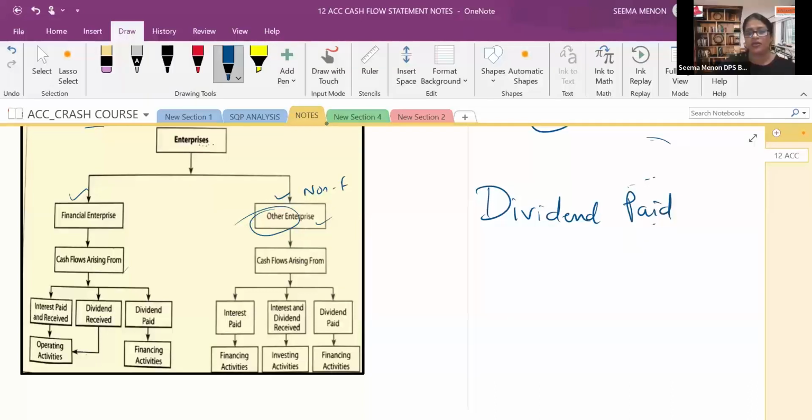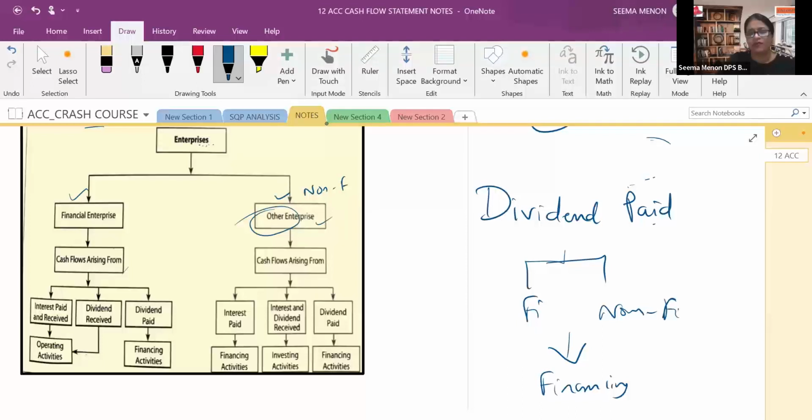Dividend paid, whether it is financing or non-financing, will come under financing activity. There are 3 activities in the cash flow, that is operating, investing, and financing. But in case of a financial enterprise, interest paid, interest received, then dividend received, all these 3 will come under operating activity. That is a part of the routine. But a dividend paid is an exceptional item for both financing and non-financing company.